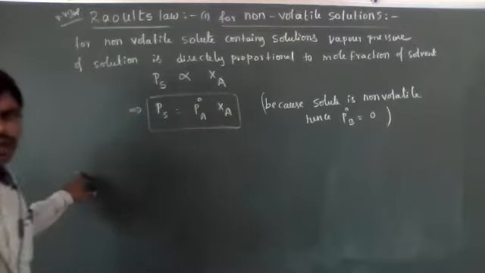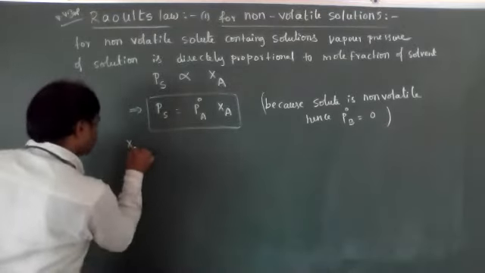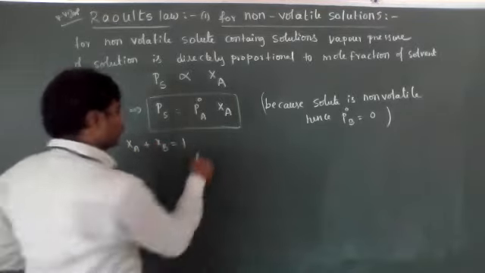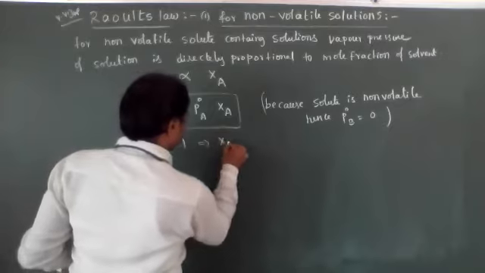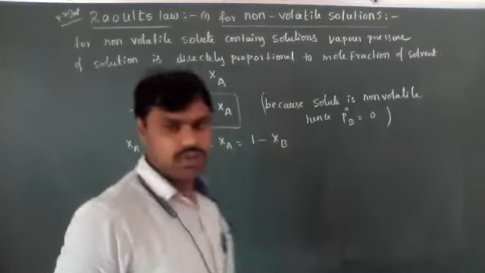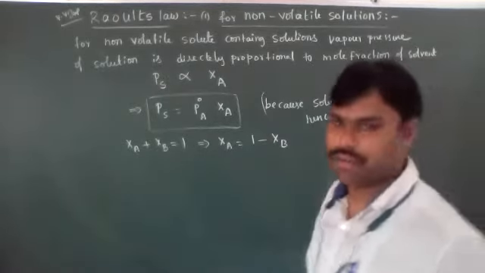PS is equal to P naught A into XA, and we know that XA plus XB is equal to 1. From this, XA is equal to 1 minus XB. Just substitute this XA value in the above formula.